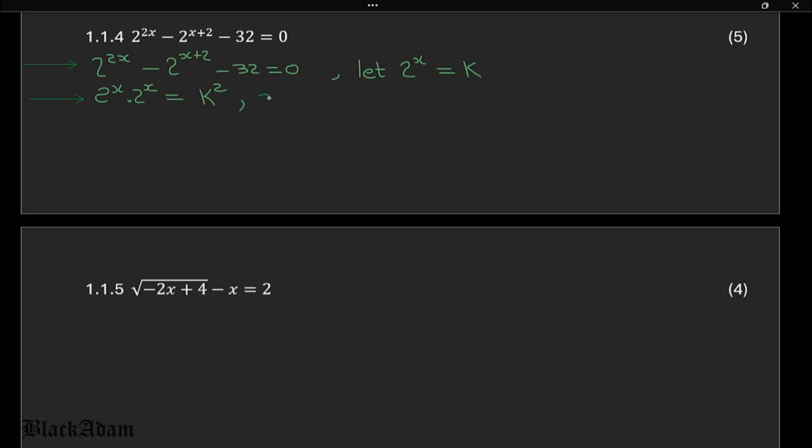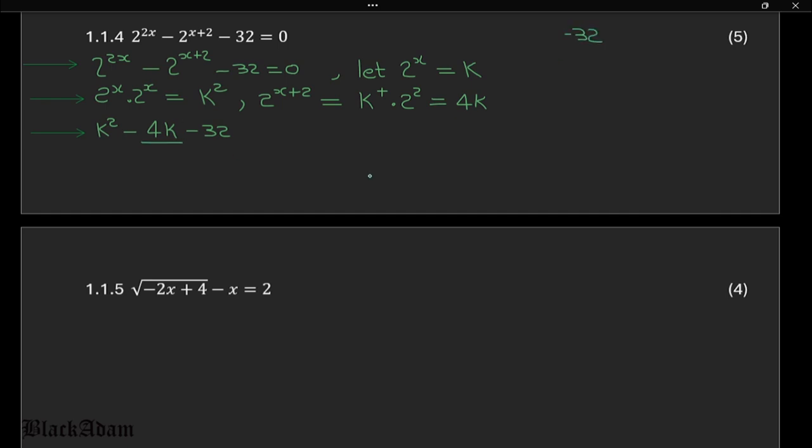And then 2 to the power x multiplied by 2 will give us k plus 2, and then that means that we have 4k. So that will be 4k, and then we have k squared minus 4k minus 32.